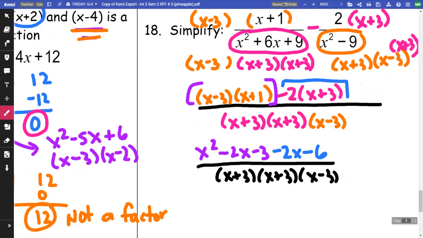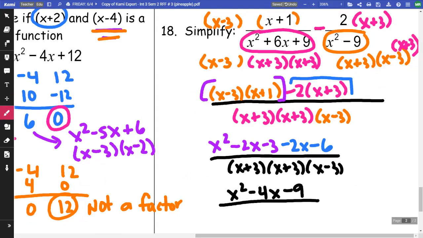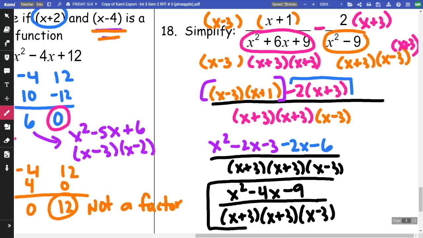Okay, so now we're going to clean up the top. So I'm going to have an x squared minus 4x minus 9. And 9 and 4, that's not going to factor to anything. So I'm going to leave that and then write my denominator, x plus 3 squared times x minus 3. And that's your answer.